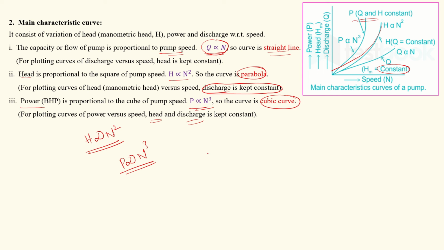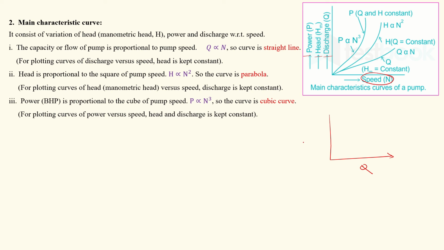Don't confuse your main characteristics curve with your operating curve. The operating curve represents discharge on the x-axis versus head, efficiency and brake horsepower. Here, the speed is on the x-axis and the remaining parameters are on the y-axis.